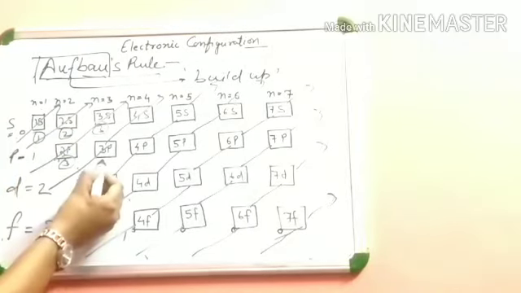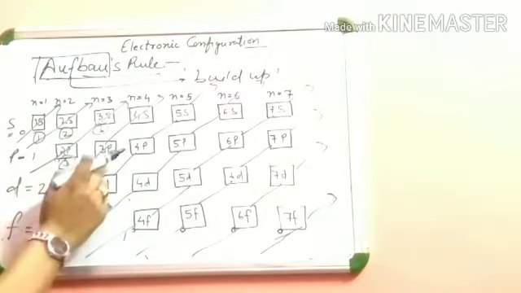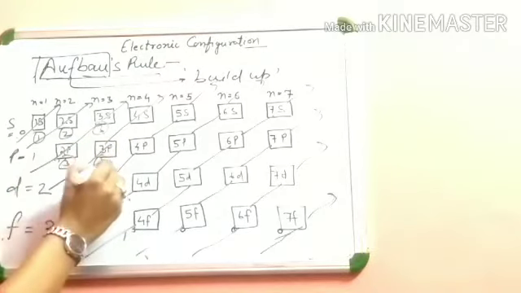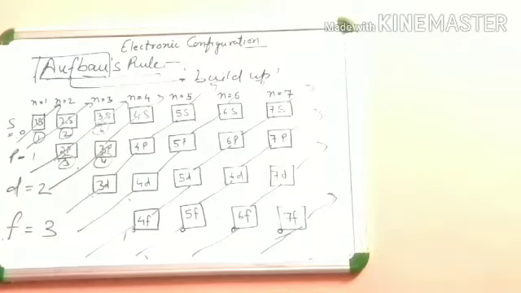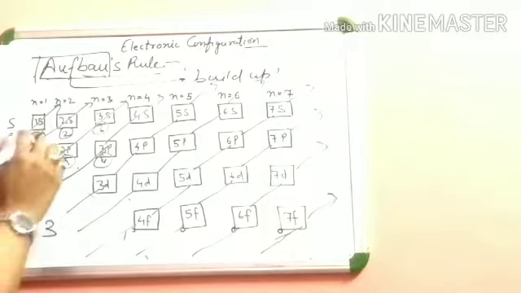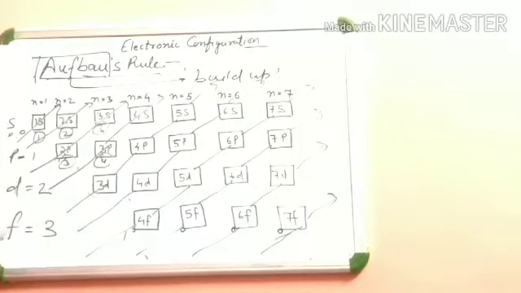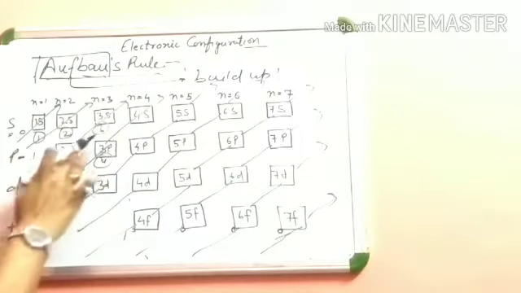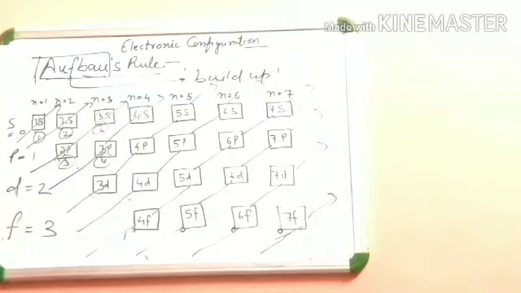For 3p, N is 3 and L is 1, so 3 plus 1, 4. So the electron first comes in the orbital with the lowest N plus L, then in higher energy orbitals. It means first 1s, then 2s, then 2p, then 3s. This is the order of energy in which electrons are filled.